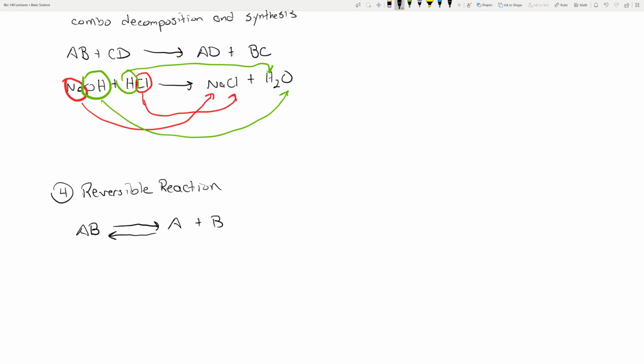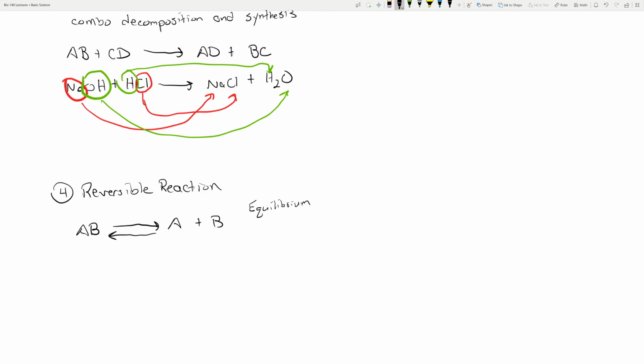There's a point at which they don't seem to move, and that is called equilibrium. Equilibrium is where the balance of AB and A plus B are pretty much equal. The reaction doesn't look like it's moving back and forth. It looks like it stopped, but reversibles do happen in both directions.